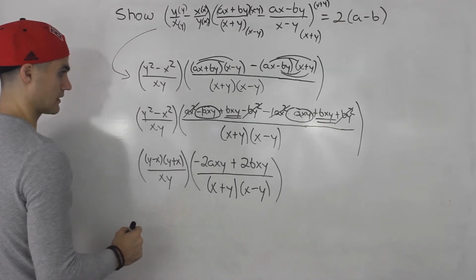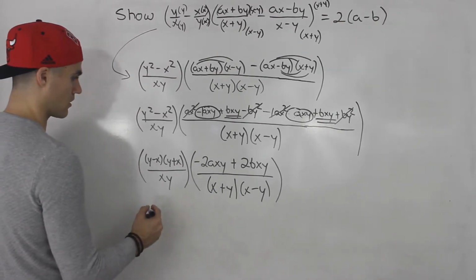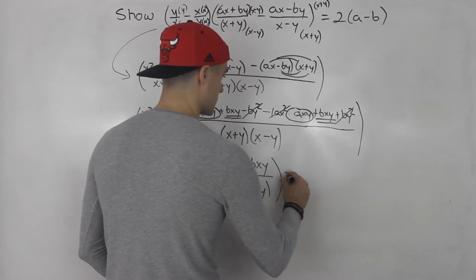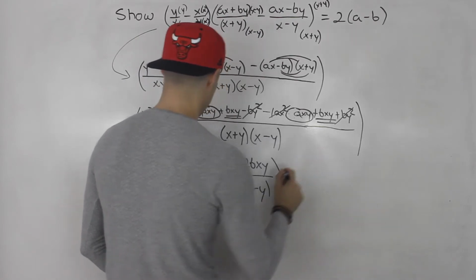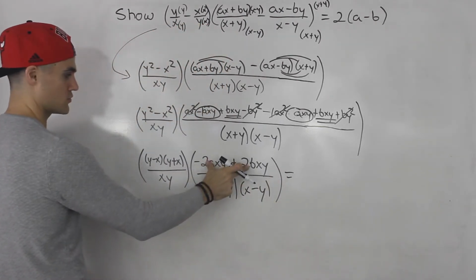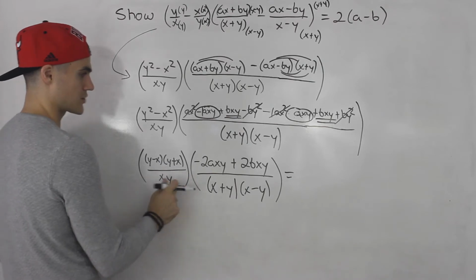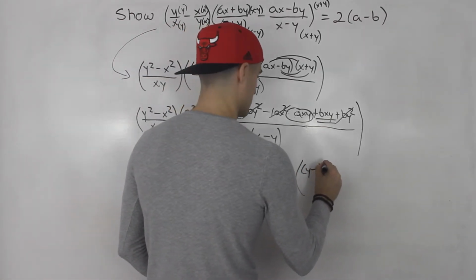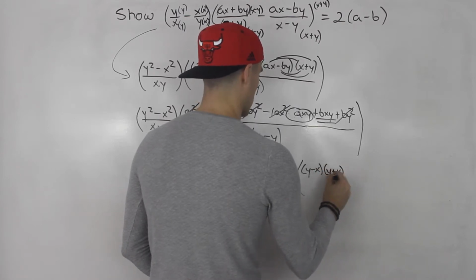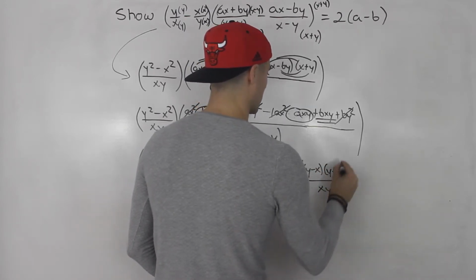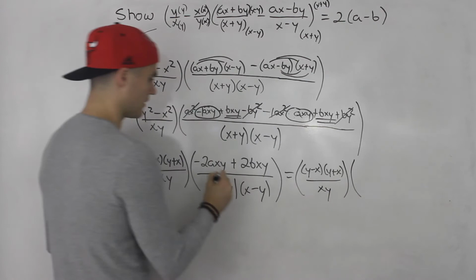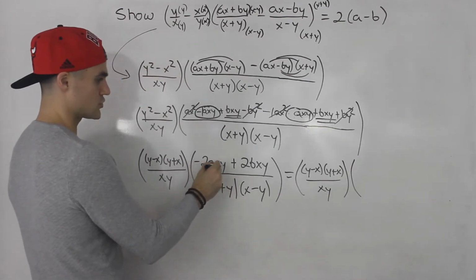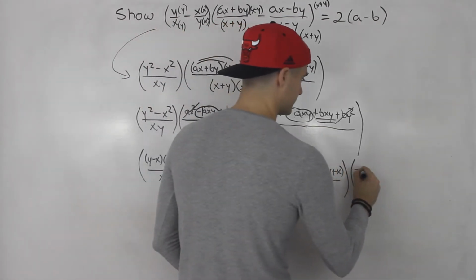And to do that, let's follow our same steps. So what I'm going to do is factor this numerator here. This fraction I'm going to leave the same. It's going to be y minus x, y plus x over xy. And then from here, I'm going to take out a negative 2xy.